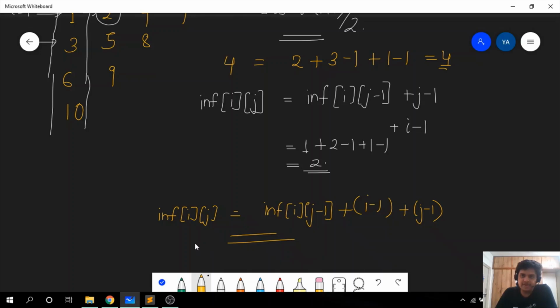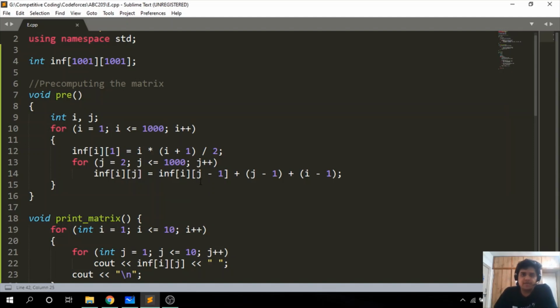Now as we are done with the pre-computation part, let's directly proceed to the C++ implementation. Starting off, let us first see the code for pre-computing the matrix. It is exactly as I showed. First we compute the first column, which is given by I into I plus 1 by 2, the sum of the first I natural numbers.